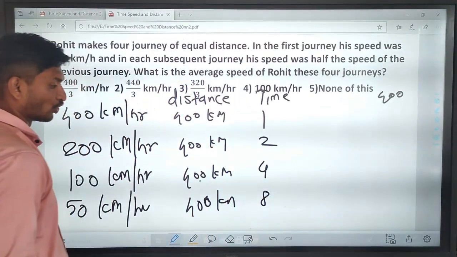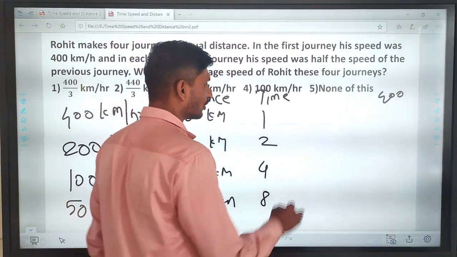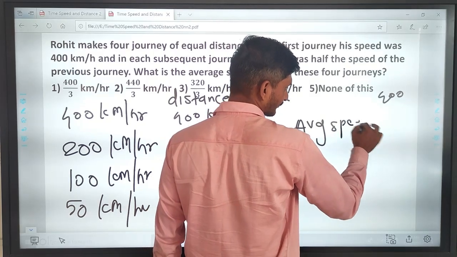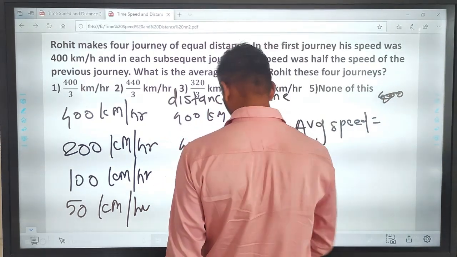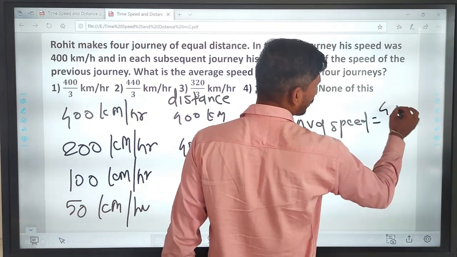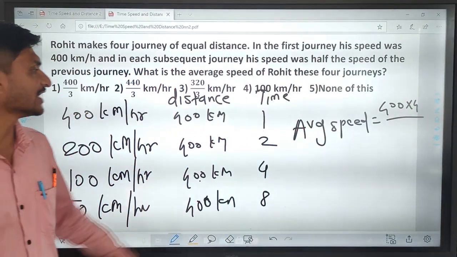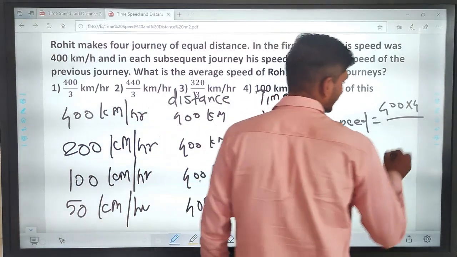Now here total distance is 400 into 4. Here we find the average speed. Total distance is 400 into 4 divided by total time, which is 8 plus 4, 12 plus 2, 14 plus 1, 15.